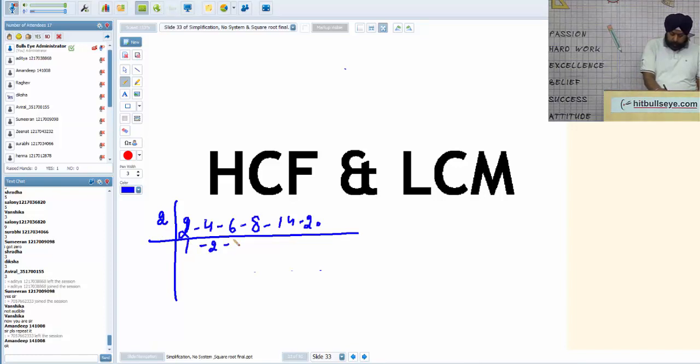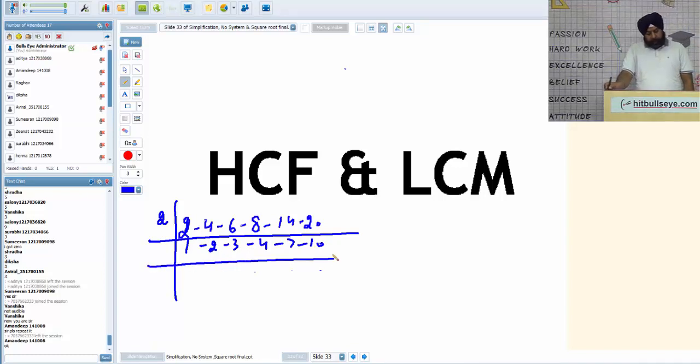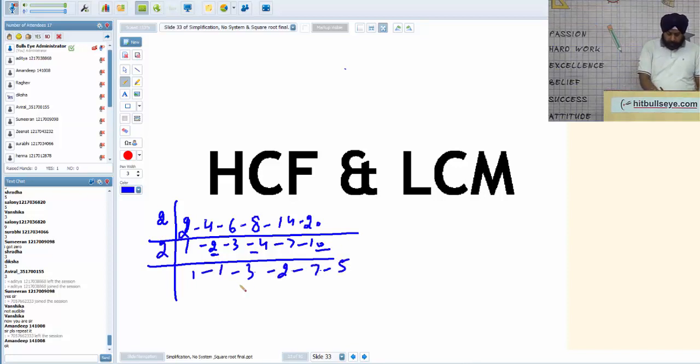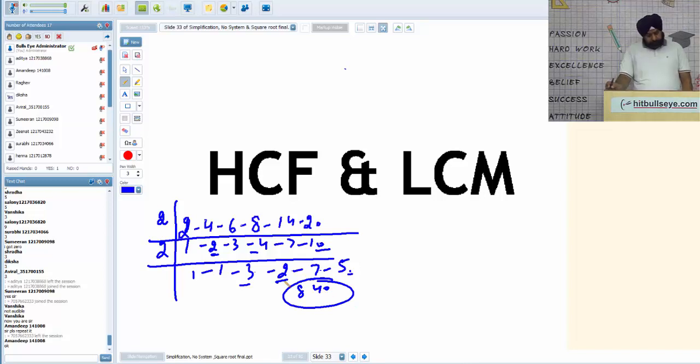To divide by 2 again, you have to check that at least 2 numbers are divisible by 2. So it's 2, 4, 10. Now only single numbers are left, and there is no common divisor. Now multiply these: 5 into 7 is 35, into 2 is 70, into 3 is 210, into 2 is 420, into 2 is 840. I hope you understand this concept. So this is the prime factorization method.